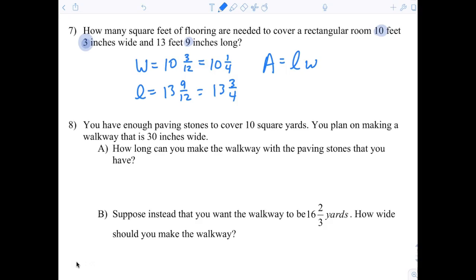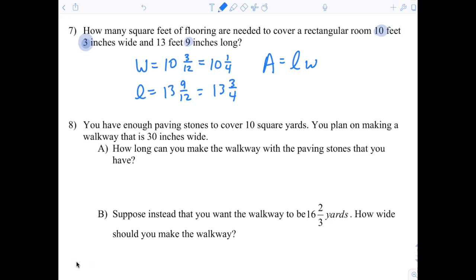So area equals length times width. How do I find the answer? 100 how much? I don't think so. Oh, hold on. I'm sorry. 10 and 1/4 times... Everybody do that on your calculator now, just for practice, to double check yourself.